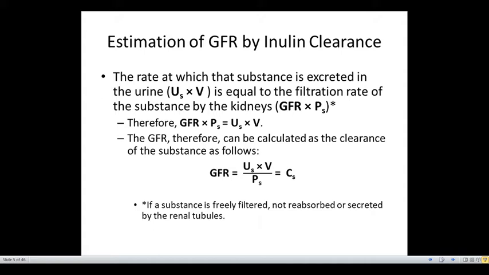Therefore, GFR into Ps is equal to Us into V. The glomerular filtration rate can therefore be calculated as the clearance of the substance as follows: GFR is equal to Us into V divided by Ps, which is equal to Cs, that is the clearance.